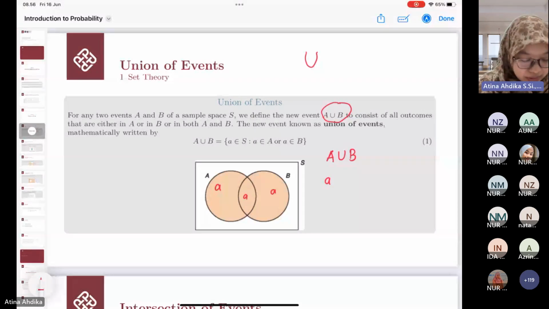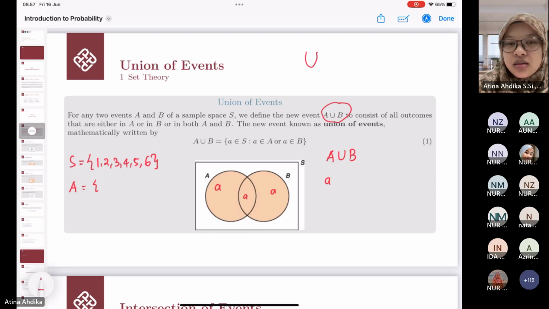Okay, for example, imagine that we toss a die. So we have the sample space of 1, 2, 3, 4, 5, and 6. And then I have an event A, that the die shows at least 3.